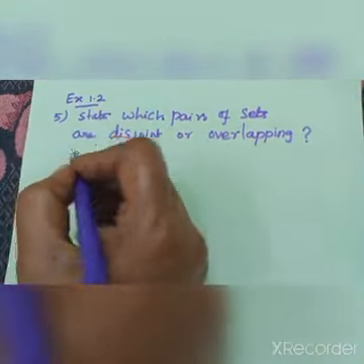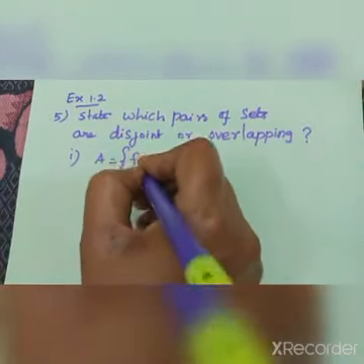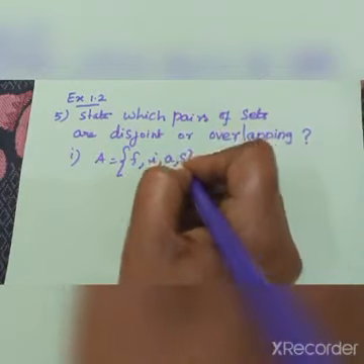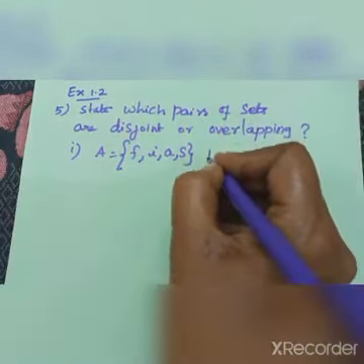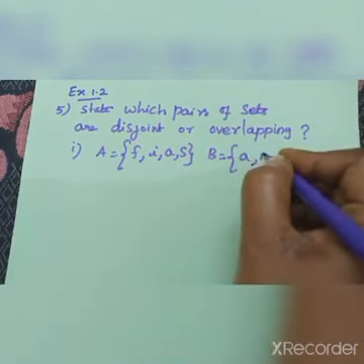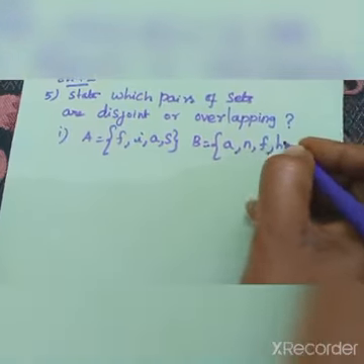First subdivision: A is equal to {F, I, A, S} and the set B is equal to {A, N, F, H, S}.